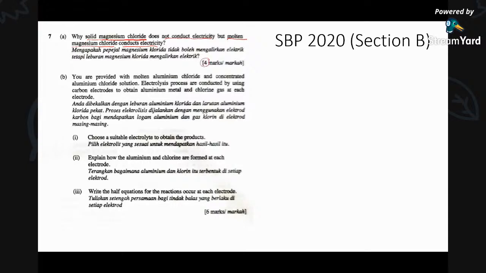So how are you supposed to explain? You have to explain for both. You don't explain for solid only and ignore molten. So explain for both.